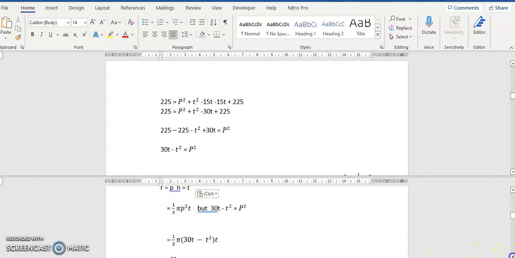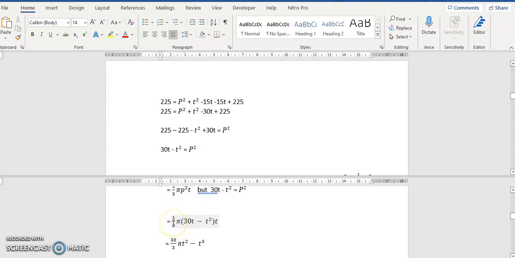Then we are going to expand this one. If we expand, this times 30t will give us 30 over 3 pi t squared. Then the same thing multiplying, including the t, because this t is also multiplying. So you have t squared, then this t will multiply to be t to the power 3.